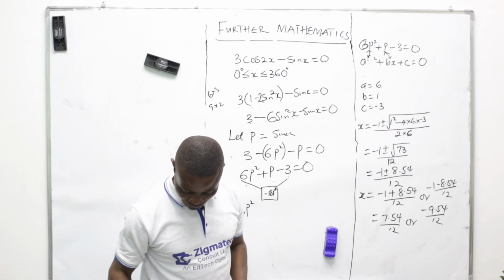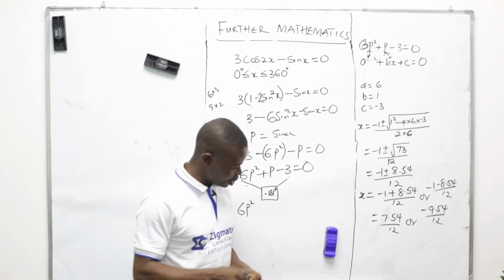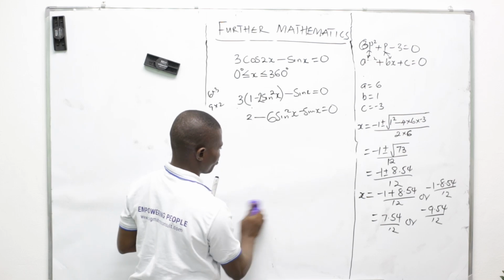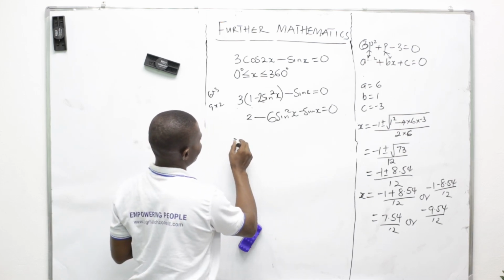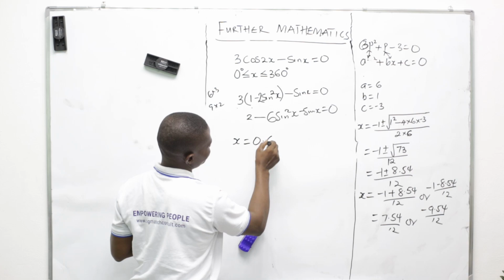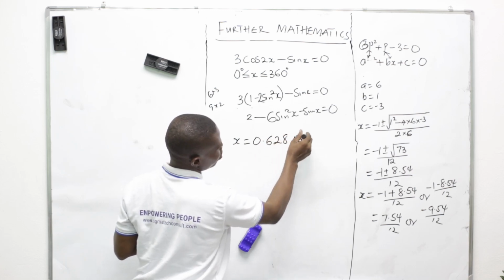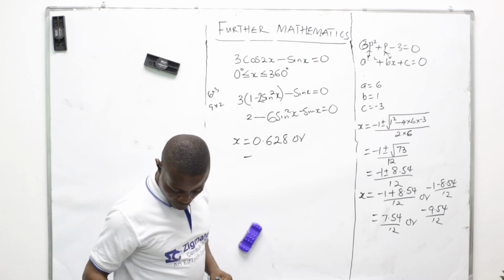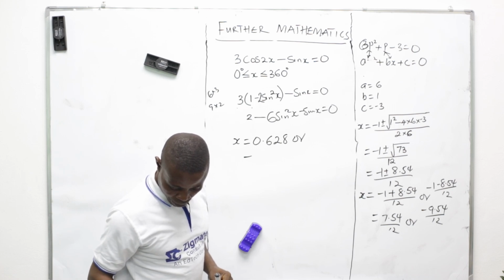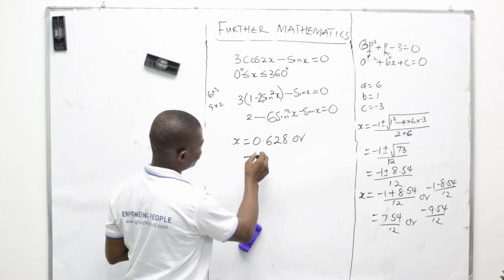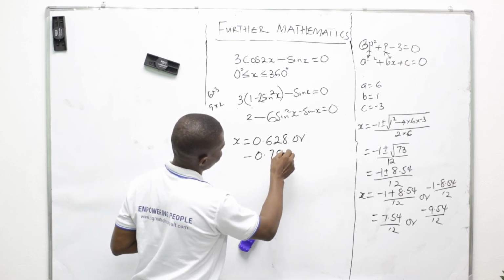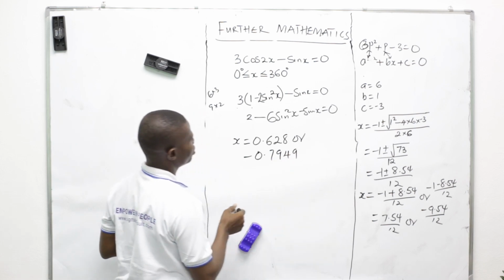Over 12, 0.628. X equals 0.628, or minus 9.54 all over 12, minus 0.7949.